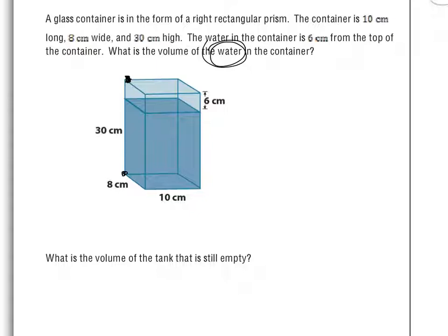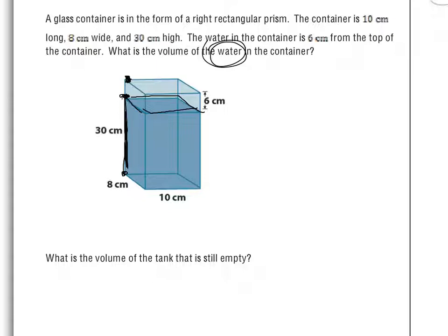So we see the water stops here. So the volume of our water is not the volume of the entire container. The height of our volume actually stops right here at this space. So it's 6 centimeters from the top, which means the height of our volume is not going to be 30.